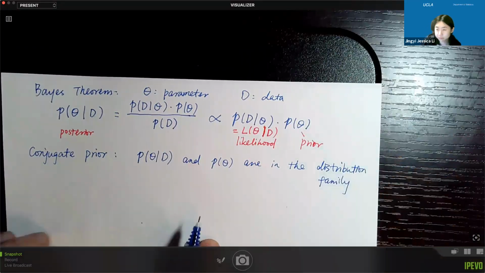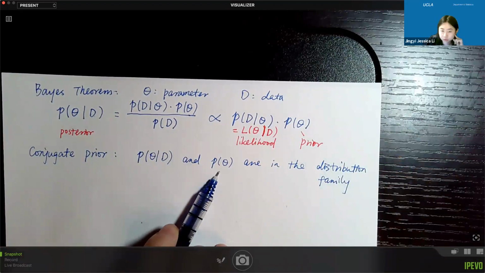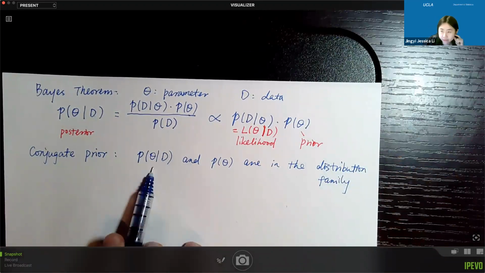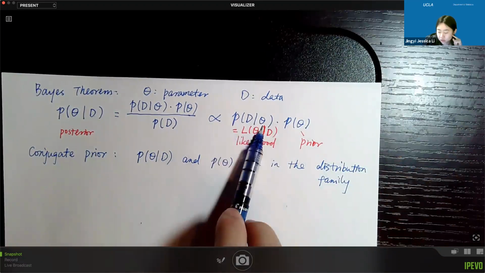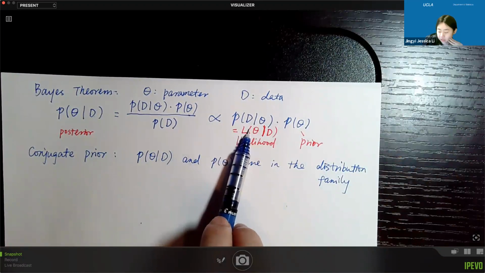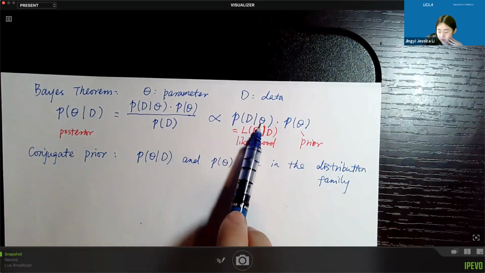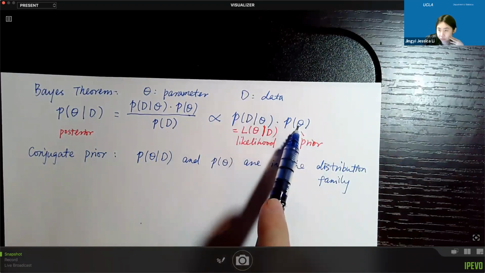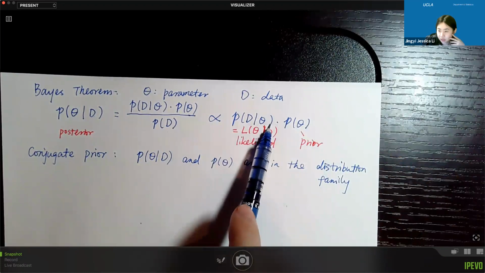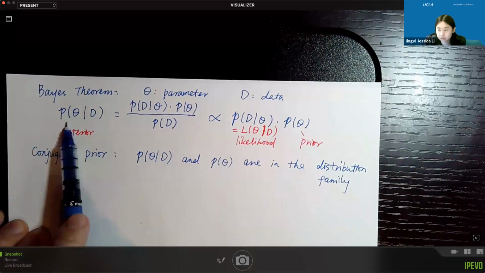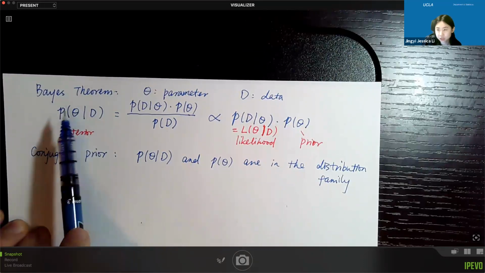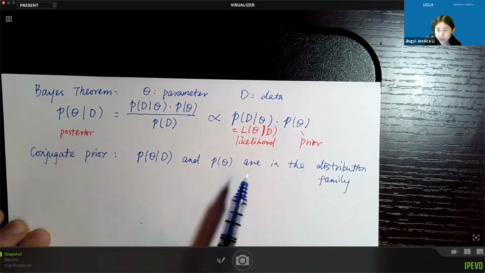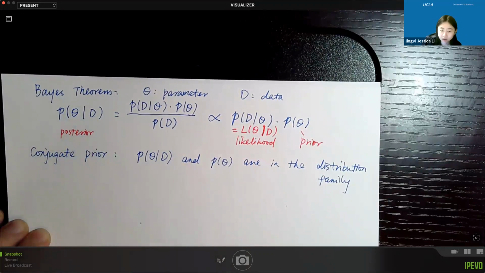For example, if you assume the prior follows a beta distribution, then if you follow the Bayes rule, you have the likelihood, which is how you assume the data is distributed given the parameter. Let's say this is binomial or Bernoulli, and this is the beta prior. Then multiplying them together, the posterior, which is still a distribution of theta given the data, is still beta. Then we can say beta is a conjugate prior of binomial.